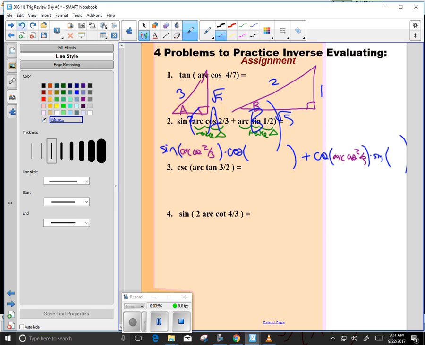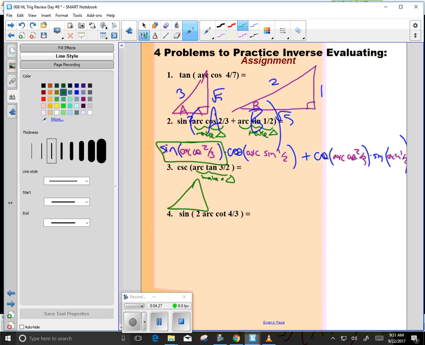And the second one is B, which is the arc sine of 1/2. How are you ever going to evaluate this? We don't have any way of doing that. Or do we? What do you think? There you go. Make a triangle.